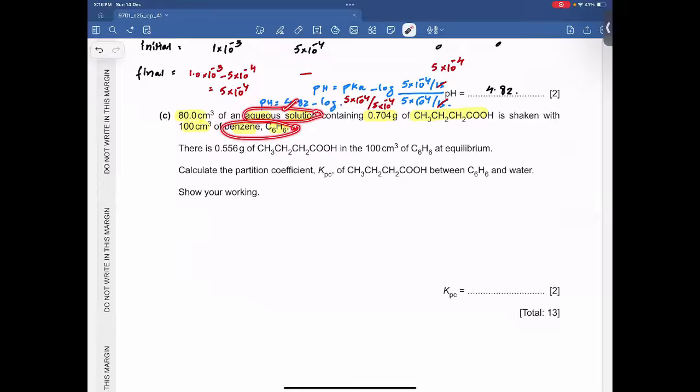Obviously, they will not mix together, and you will get the immiscible solution. If you get the immiscible solution, I can extract the amount of benzoic acid. All right. So the examiner is saying 0.556 gram of benzoic acid is extracted in 100 cm cube of benzene at equilibrium. So calculate the partition coefficient KPC between benzene and water. Show your working.